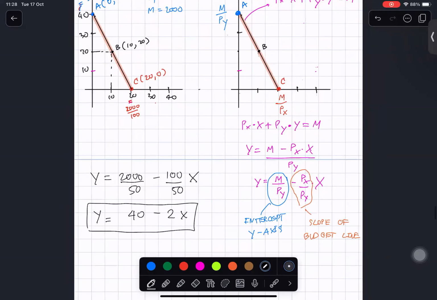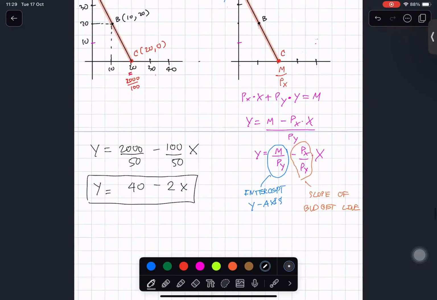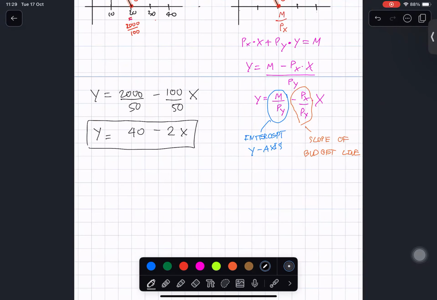Now we travel back and forth between numerical world and abstract world. And what we understand here is, what is this number 40? 40 refers to the situation where if he doesn't buy pizza, the maximum Pepsi he could achieve is 40.